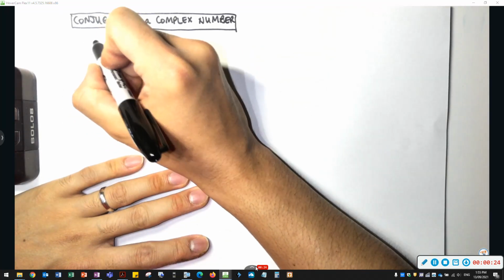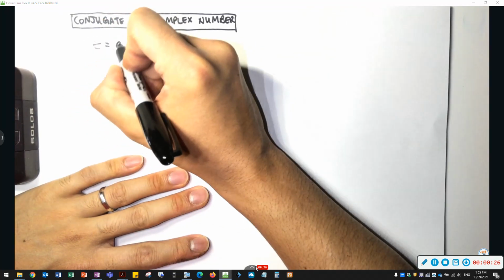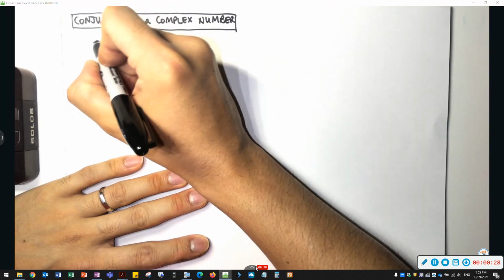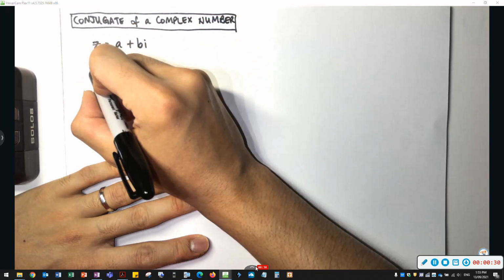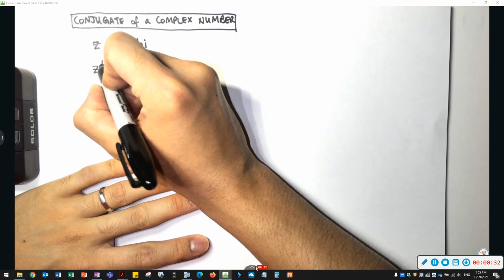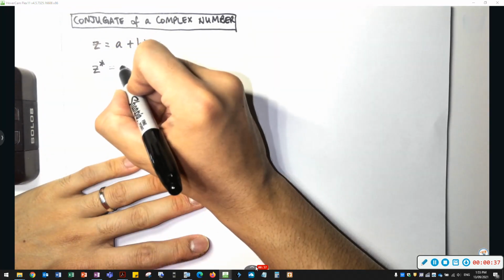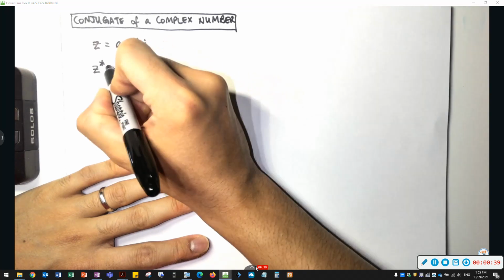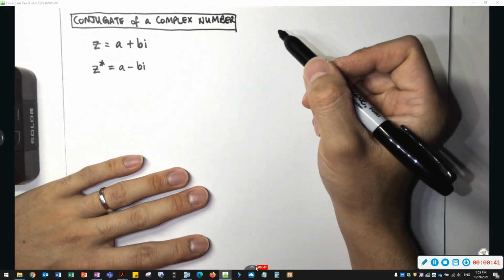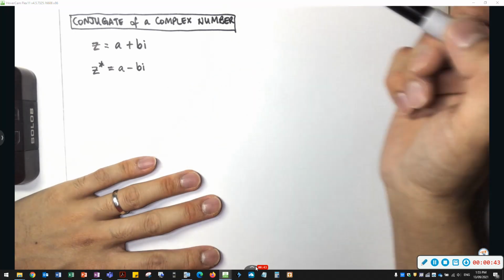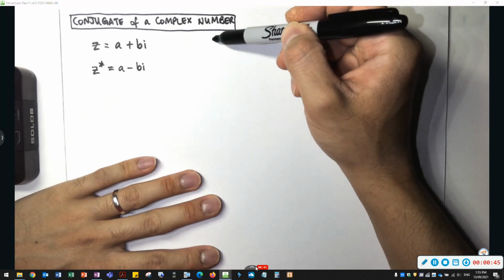Okay, so if your complex number is a plus bi, then the conjugate, written with a star in the corner, is written as a minus bi. Okay, so let's think about what that looks like on the Cartesian plane.